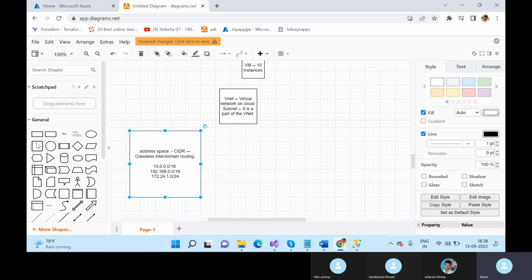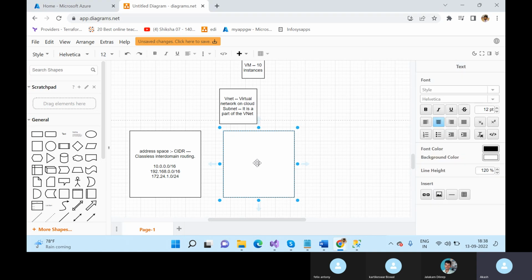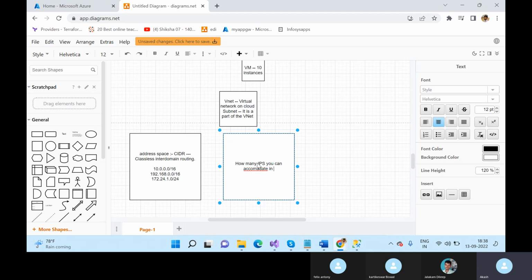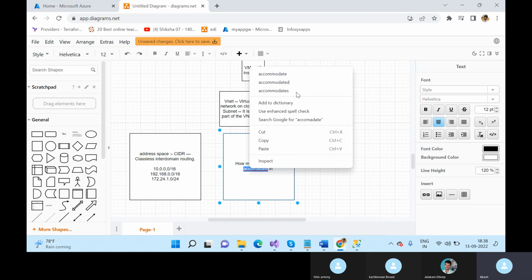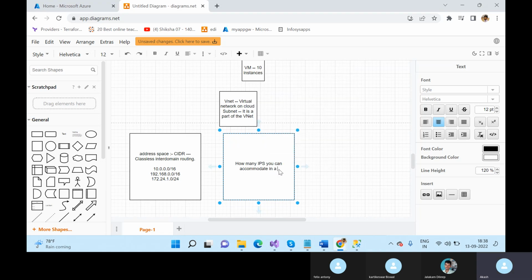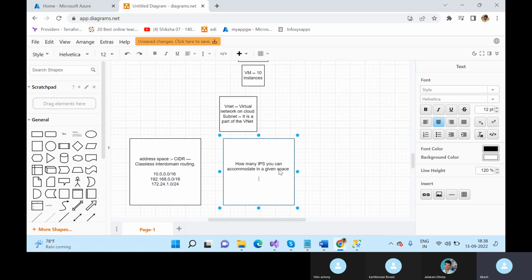It is a bigger science, but I will tell you the part which is only required for you. In order to determine how many IPs you can accommodate in a given space, there is a formula.